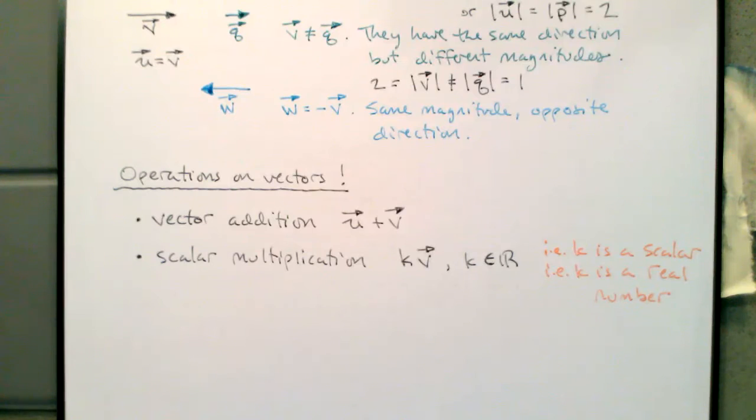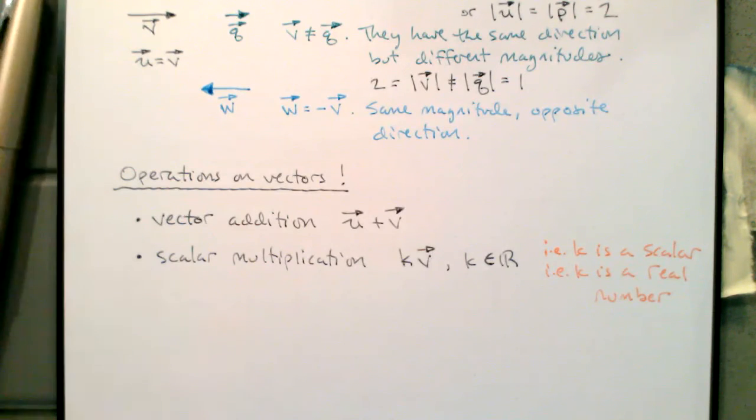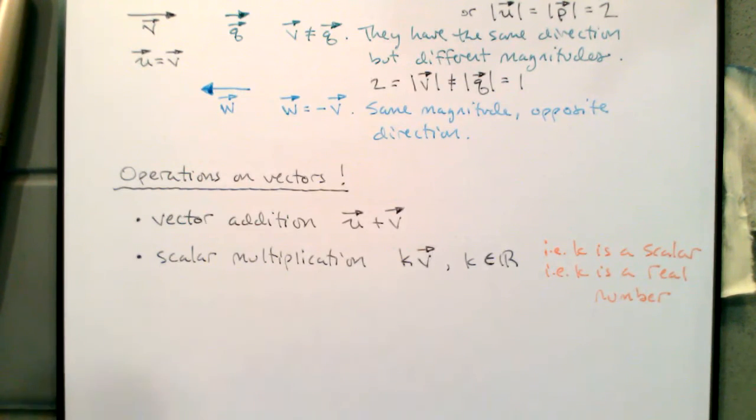So these are the two big operations on vectors that we have to get used to. There are others. I've got vector addition, I've got this scalar multiplication. So clearly I need to separate out different kinds of multiplication. Otherwise I would have just said multiplication and not scalar multiplication. The cool thing is there are two kinds of vector multiplication.